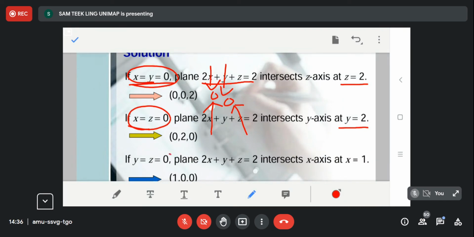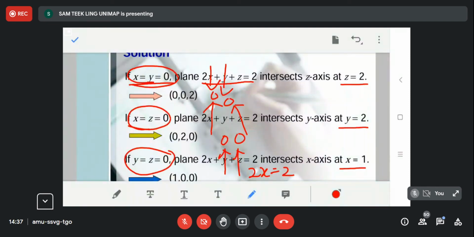So last one, y and z equal 0. So my y equals 0, my z equals 0. Now 2x equals 2. You solve, you will get x equals 1. After you replace your y and z equal 0, you will get 2x equals 2, so now you solve x equals 1.